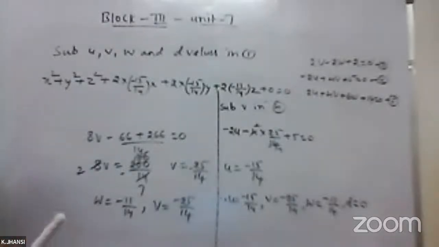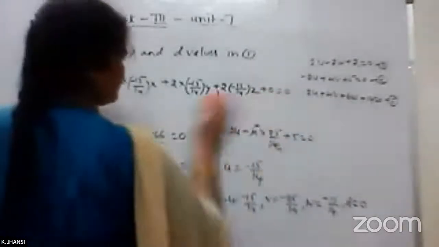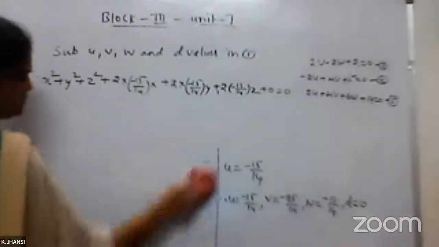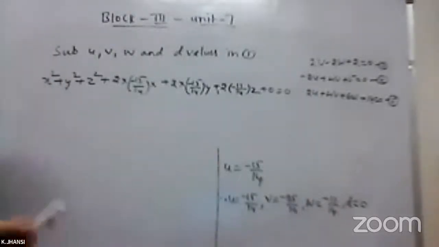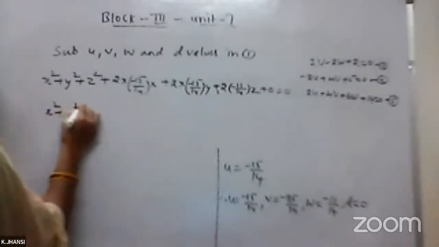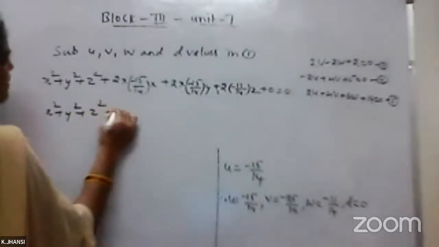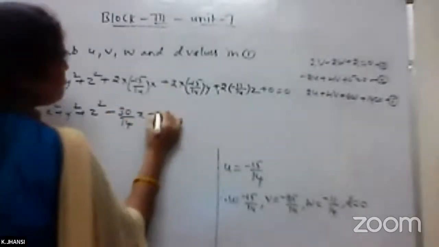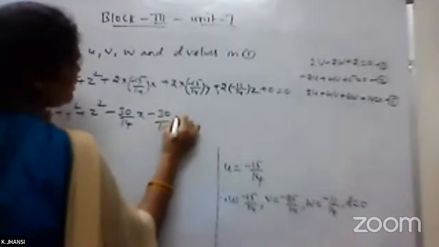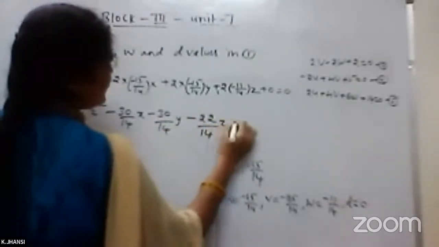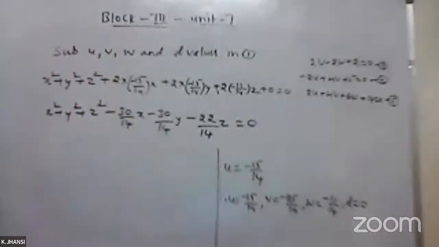So the equation of the sphere is x square plus y square plus z square minus 30 by 14 x minus 30 by 14 y minus 22 by 14 z equals 0.